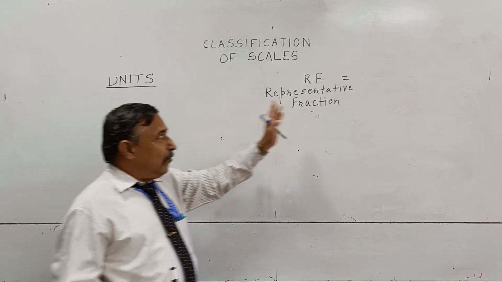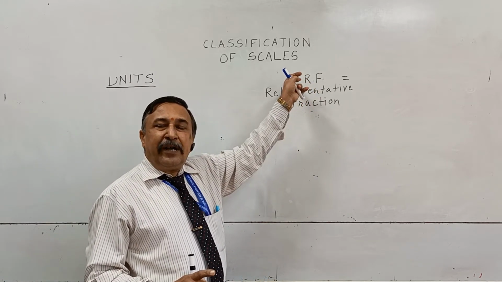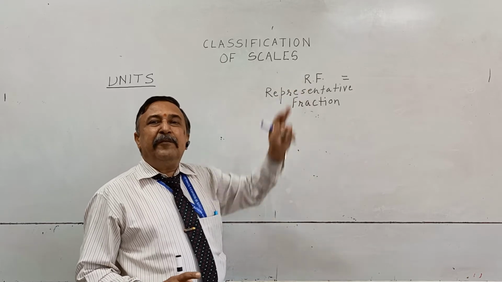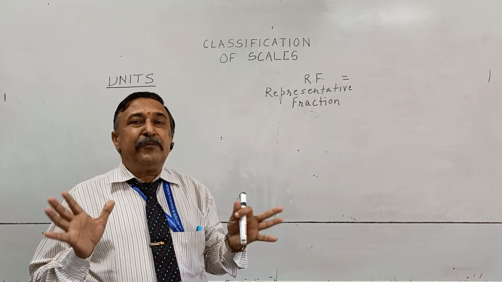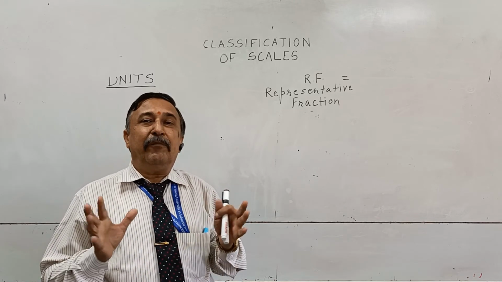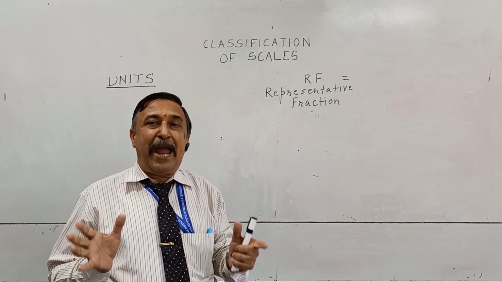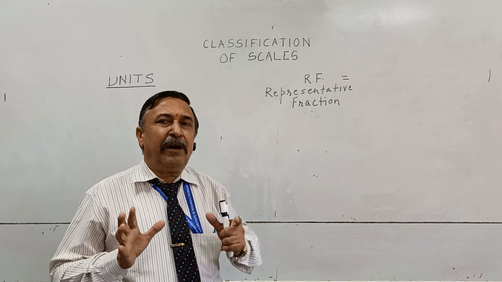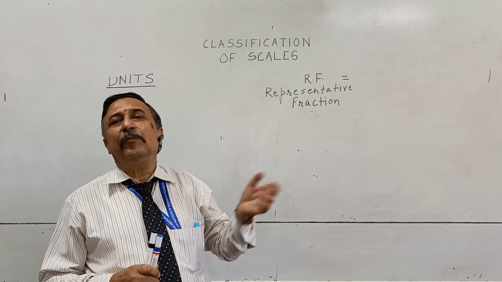Now ratio. We last time already discussed that if we want to draw some large pictures, like a drawing of a building, machines, or a map. Suppose you want to draw a map and in that map the distances are in kilometers.